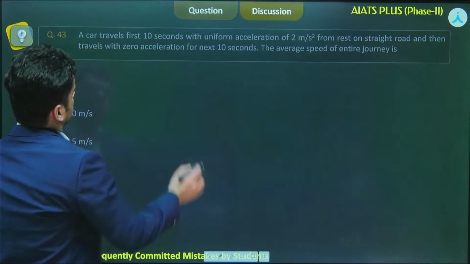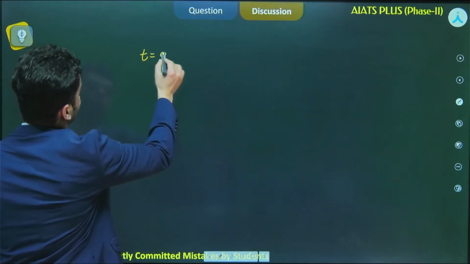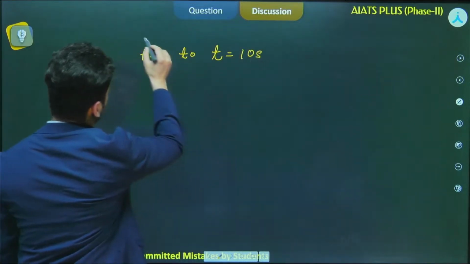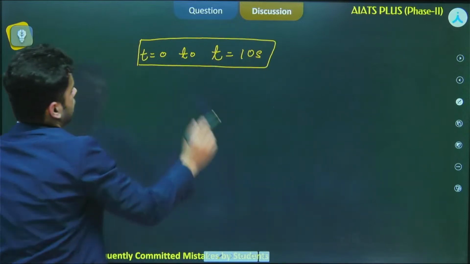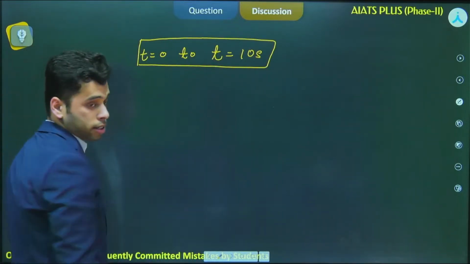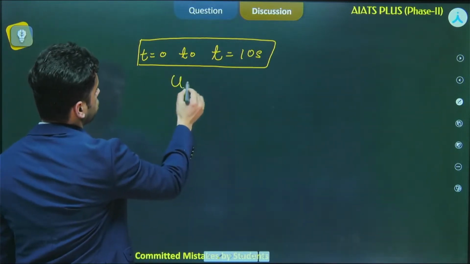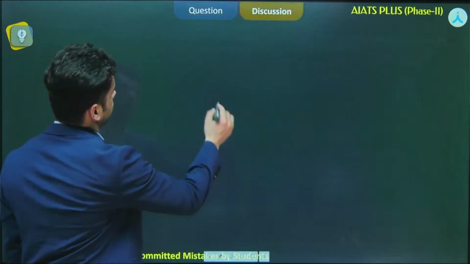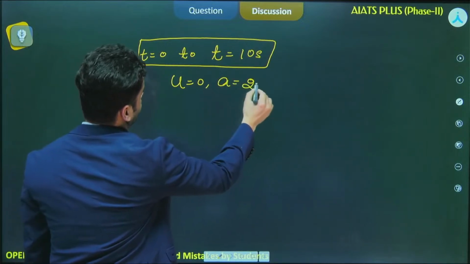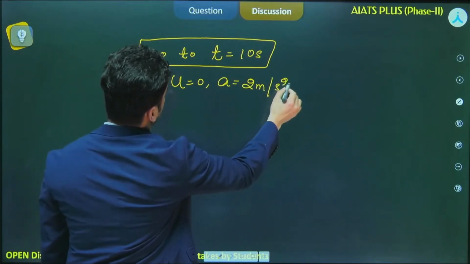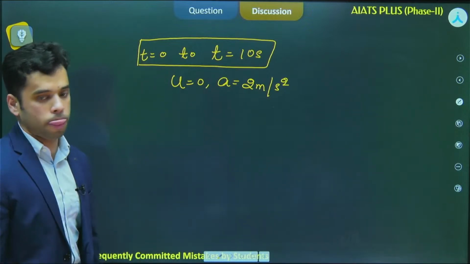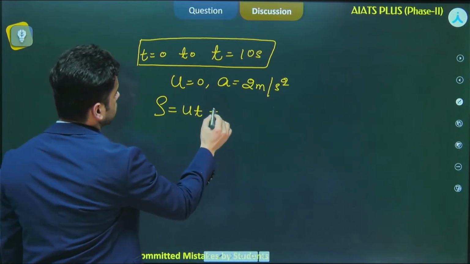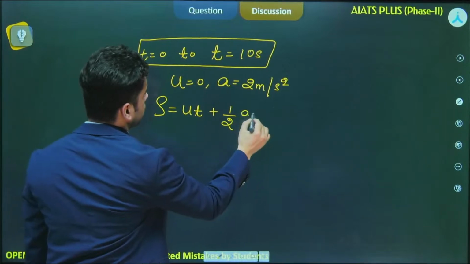Now for the first 10 seconds, from t equal to 0 to t equal to 10 seconds, let me analyze the motion for you. In this motion, the particle starts from rest, so u is equal to 0, and it is moving with a constant acceleration of 2 meter per second square. I need to calculate the distance covered by the body at the end of 10 seconds, right? So I can use the equation S is equal to ut plus half at square.